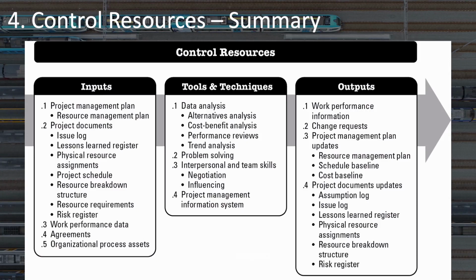Interpersonal and team skills, and your project management information system. The main output is work performance information, which is this data that's been analyzed and is useful for reports to your stakeholders. And change requests to make any needed changes to your project management plan or other documents, such as updating documents to show changes in your physical resource assignments or actual resources in your resource breakdown structure.